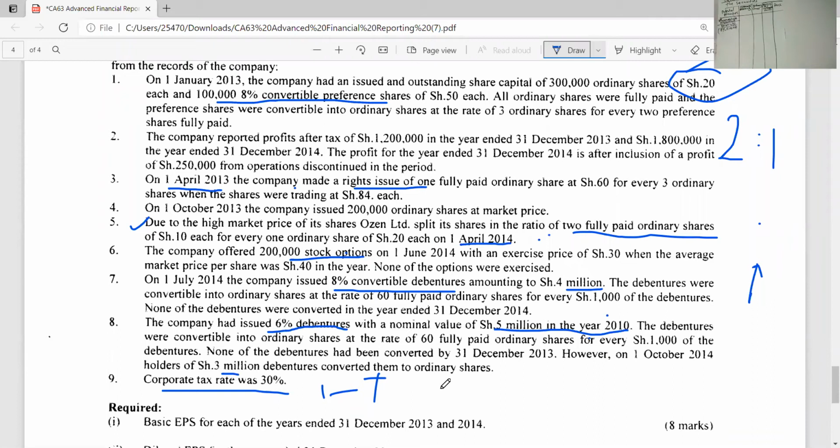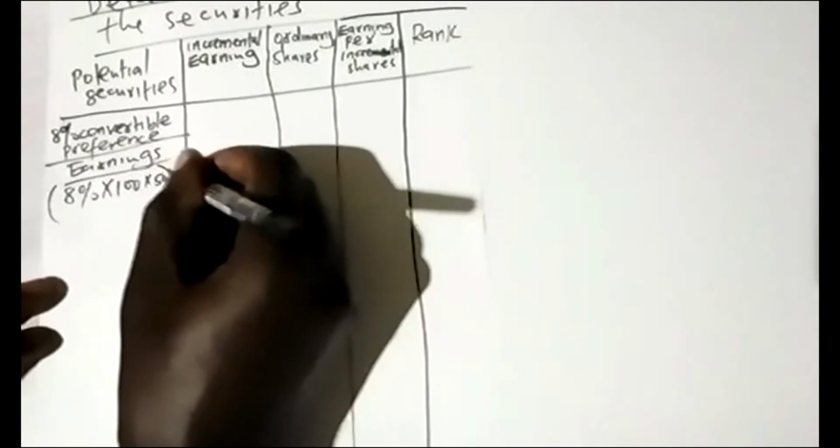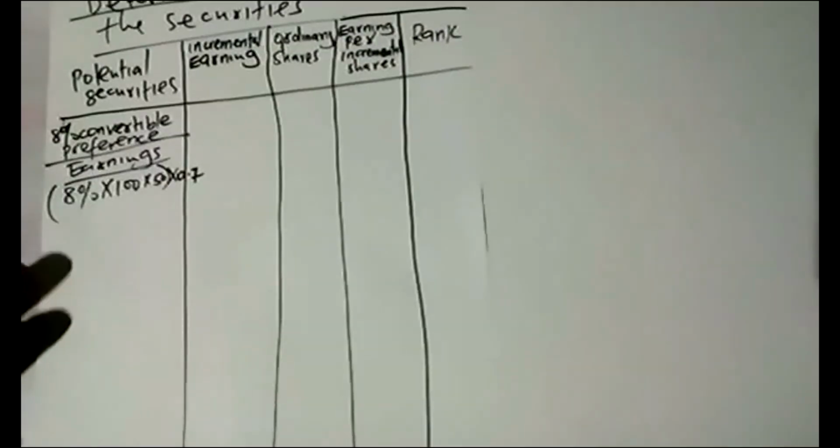So 1 minus 0.3 is 0.7. That is what you multiply here. So that is the tax shield, and you are getting 280.